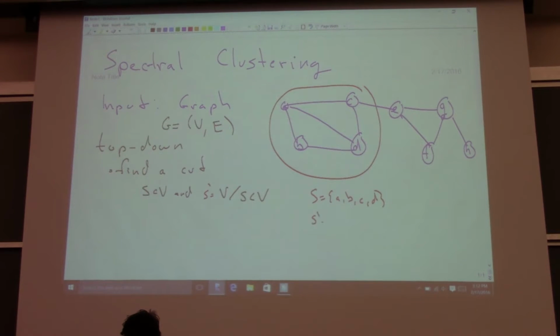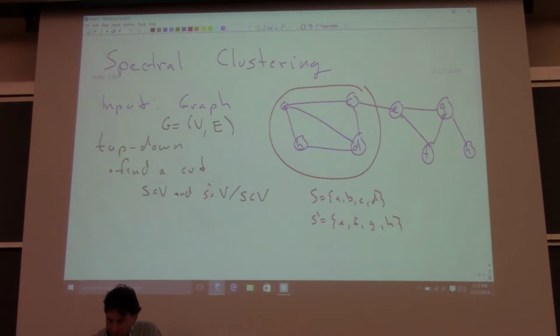Then S prime would be everything else, which is E, F, G, H. So you just need to divide the graph into two parts, and if your goal is not two clusters but more, then you just apply the same algorithm recursively on the subgraphs.